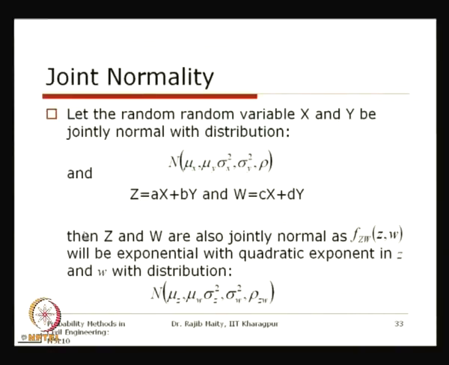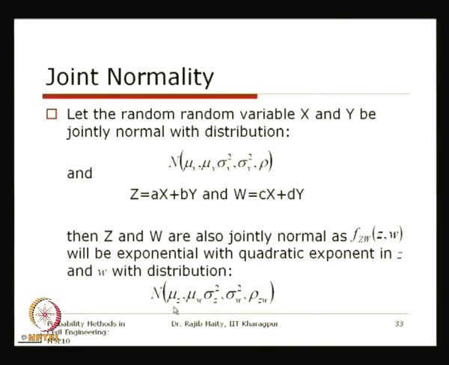It can be shown that z and w are also jointly normal, as f z w will be exponential with a quadratic exponent in z and w, with the distribution N of mu z, mu w, sigma z square, sigma w square, rho zw. So this is the correlation between z and w, the variance of w, the variance of z, the mean of w, the mean of z. Obviously again one comma will be there between mu w and sigma z square.